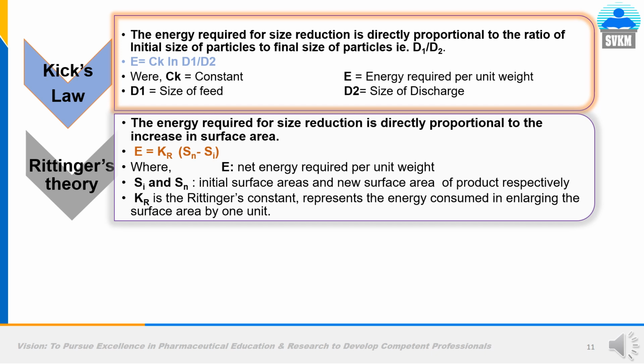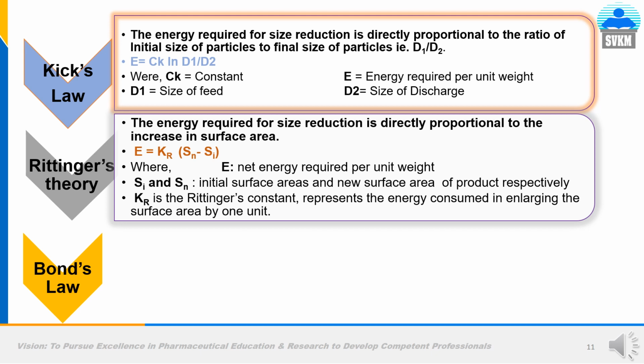The equation is E = Kr (Sn - Si). Here E is the net energy required per unit weight, Si is the initial surface area, Sn is the final or new surface area, and Kr is Rittinger's constant.